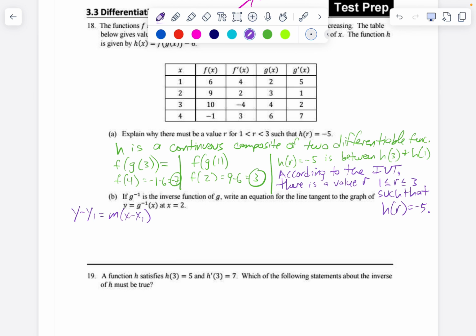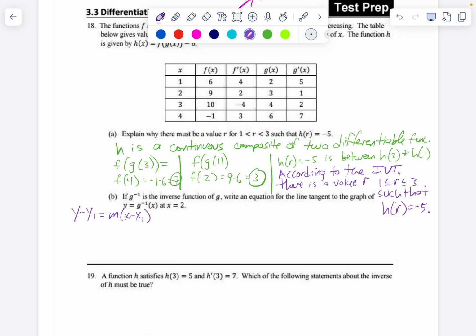If g to the negative 1 is the inverse function of g, so are we doing h in this case? We just got done doing a whole bunch with h. Are we still thinking h for this one? Okay, so we have to peel back now and go just looking at g. So we're writing the equation for y equals the inverse function of g of x.